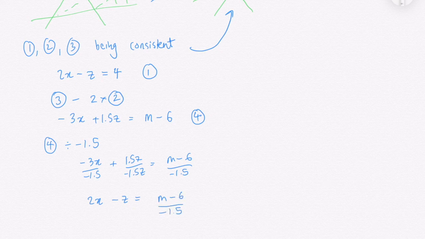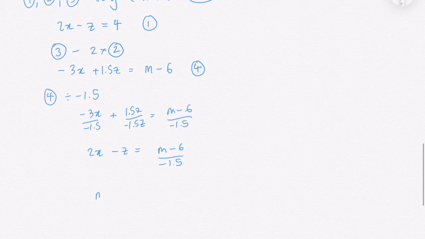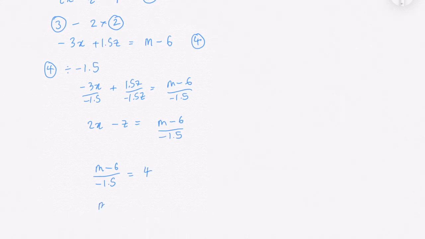For equation 4 and equation 1 to be consistent, we've got 2x minus z is 4, and 2x minus z is (m minus 6) over minus 1.5. So it must be that (m minus 6) divided by negative 1.5 equals 4. Solving this for m, we have m minus 6 is negative 6.